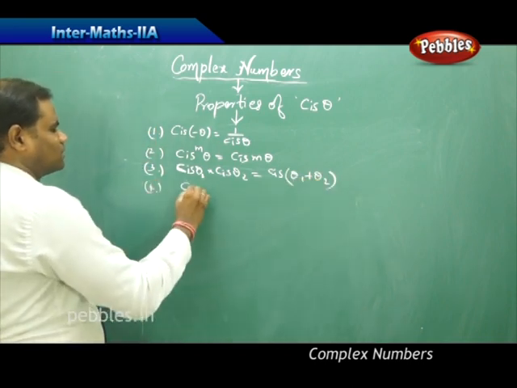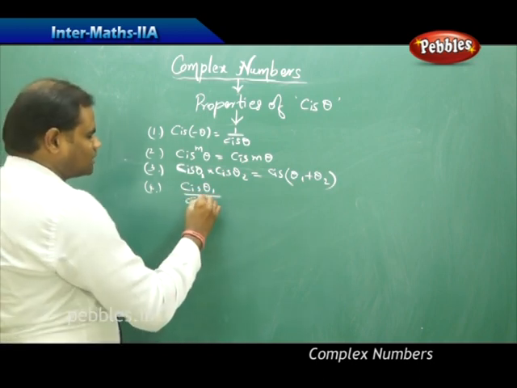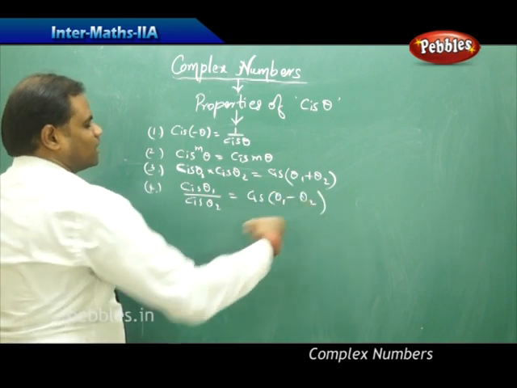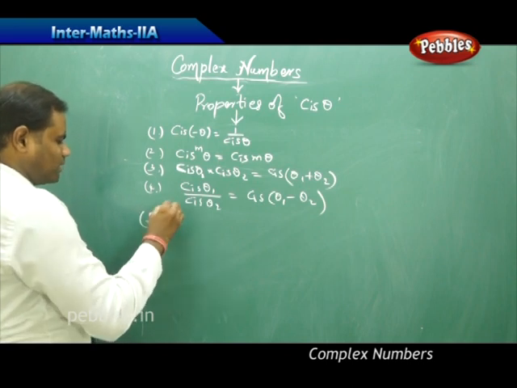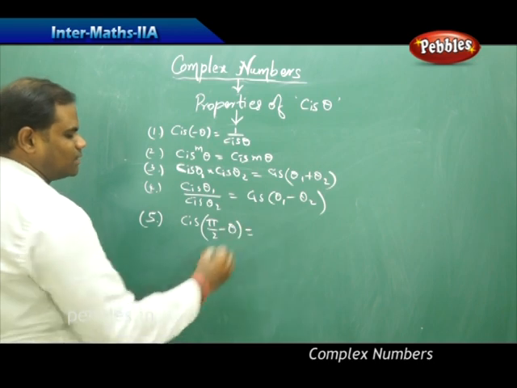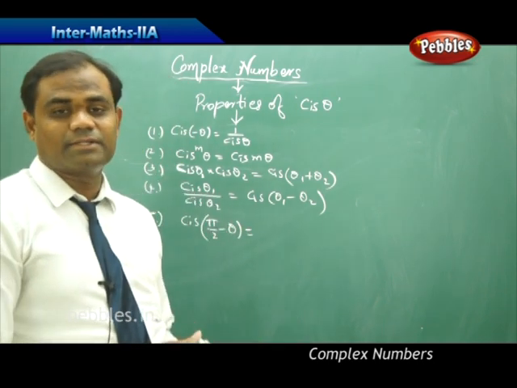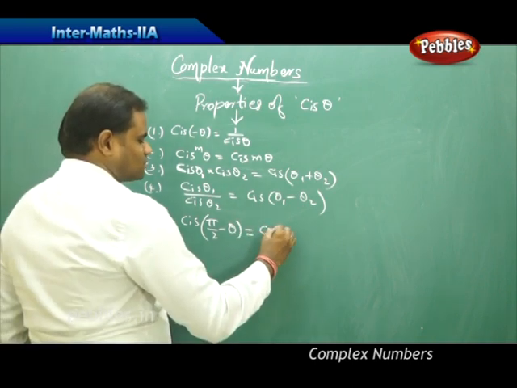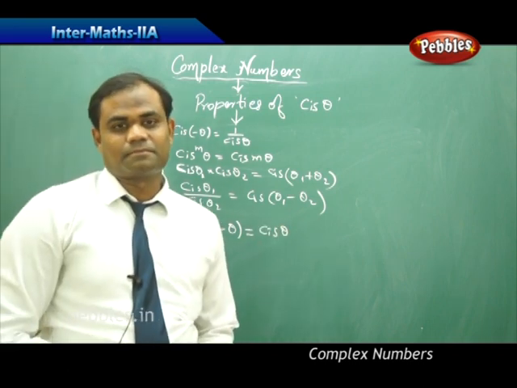Fourthly, if I divide cis theta 1 by cis theta 2, I get cis of theta 1 minus theta 2. The fifth property is that if I replace theta with pi by 2 minus theta, it is just like sin of 90 minus theta is cos theta, and cos of 90 minus theta is sin theta. Cis of pi by 2 minus theta is sin theta plus i cos theta, which is how we understand the properties.